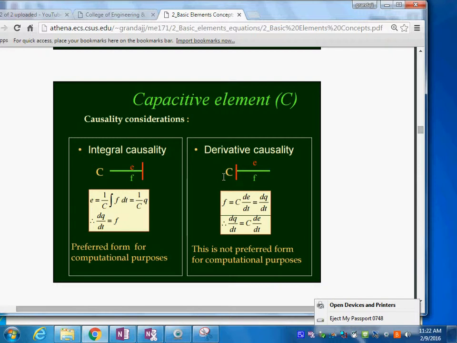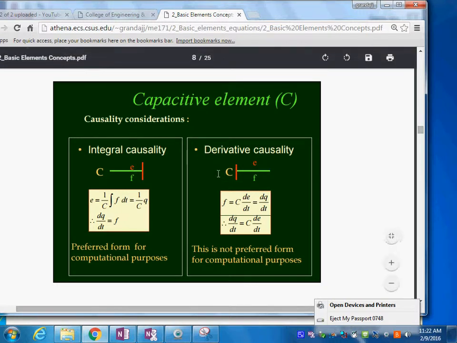But you see here, the flow is the output. So F is equal to C times dE/dt, which is equal to dQ/dt. Well, dQ/dt is the volume flow rate, which is C times dE/dt. See? So that is the C element.